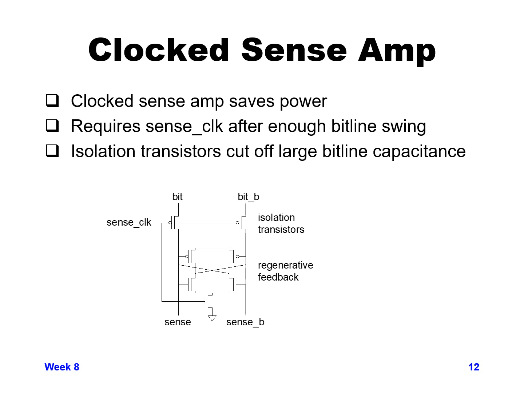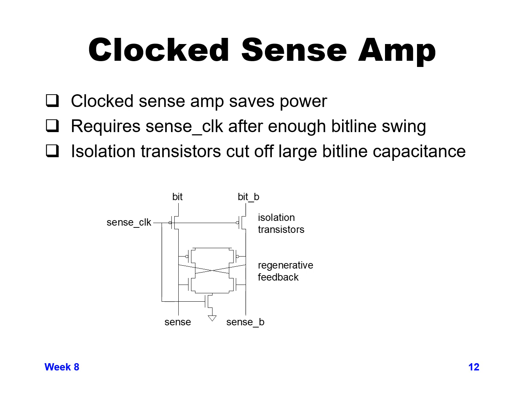And the reason why you have the isolation transistors is that way it cuts off sense and sense bar from the really high capacitance bit and bit bar lines, and so it will switch a lot faster, and it will also use less power than the previous design because it doesn't have the static power consumption.